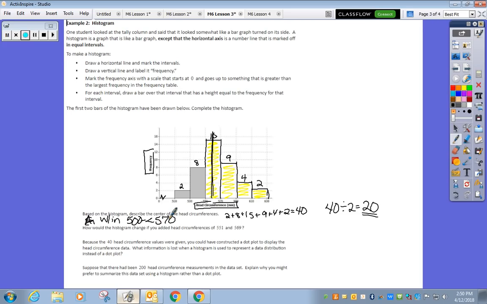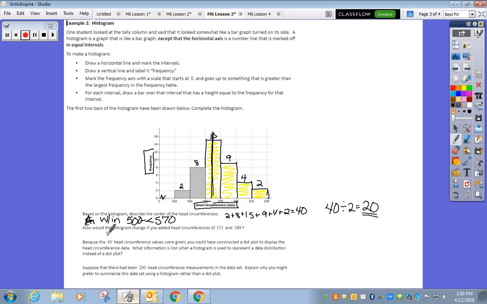Okay, so how would the histogram change if you added head circumferences of 551 and 569? And both of these fall in the same interval. They both fall within the 500 to less than 570 bar. So that means that that bar would go up 2 to 17.